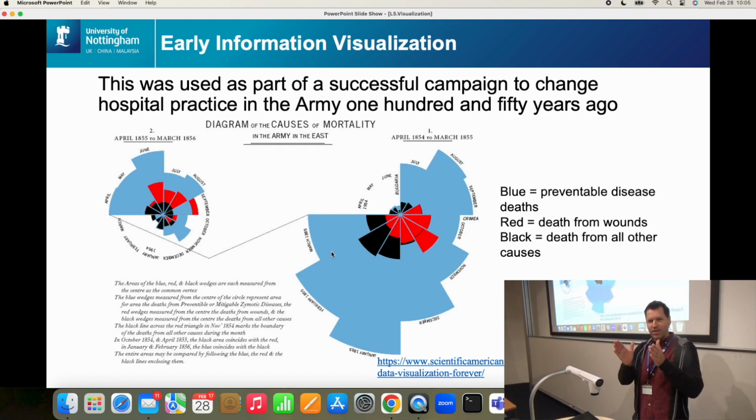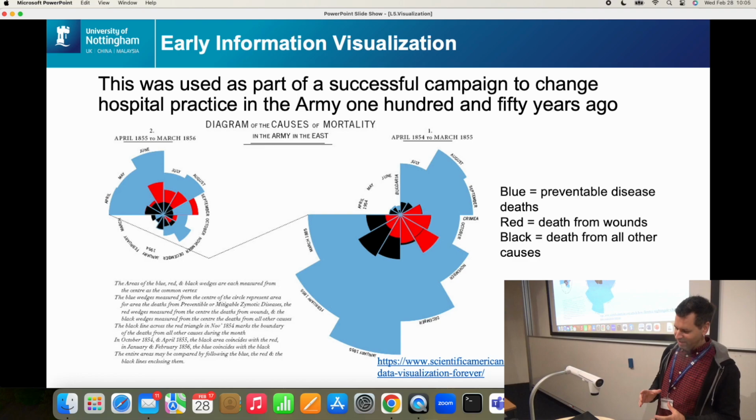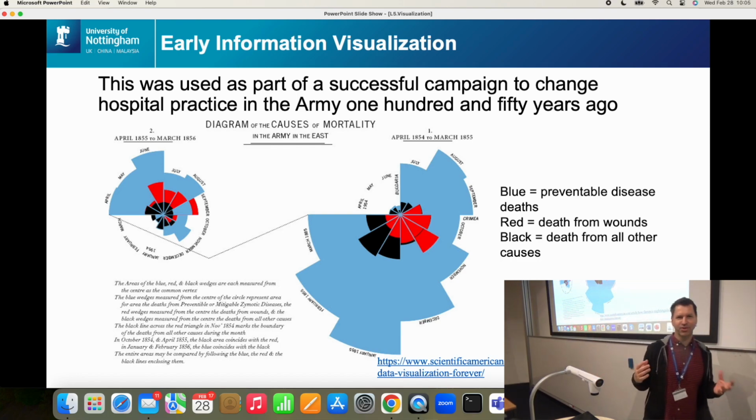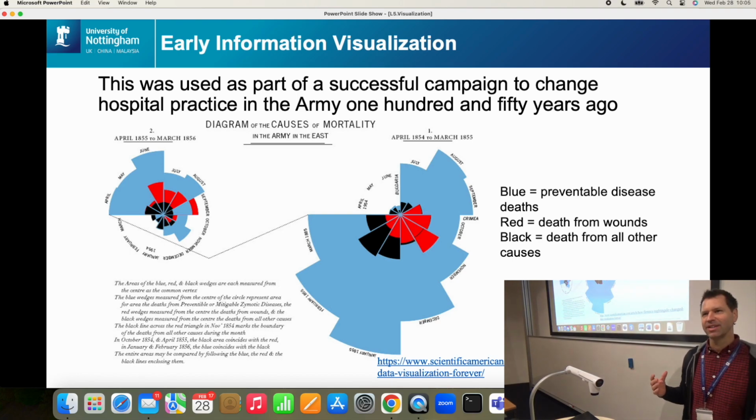Every month has a wedge, like a pie chart, and the size of the wedge indicates the number of deaths. The bigger the radius, the more people died, or soldiers in this case.